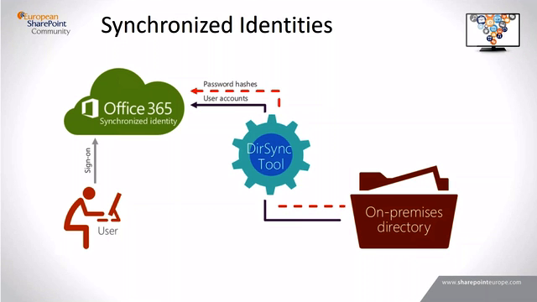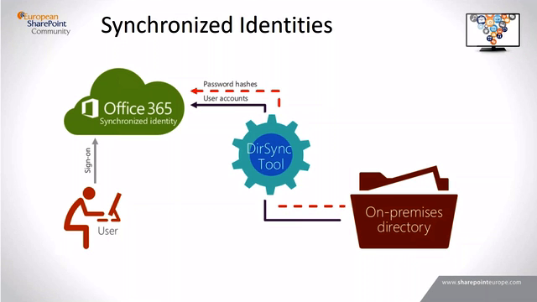So what we did is we are going to set up a 365 tenant. We are going to set up a directory synchronization tool that is going to synchronize my on-premises Active Directory with Office 365. And once it's done, then I can simply give the authorization in Office 365 by assigning a license to my user account in 365 for the services that they can use.